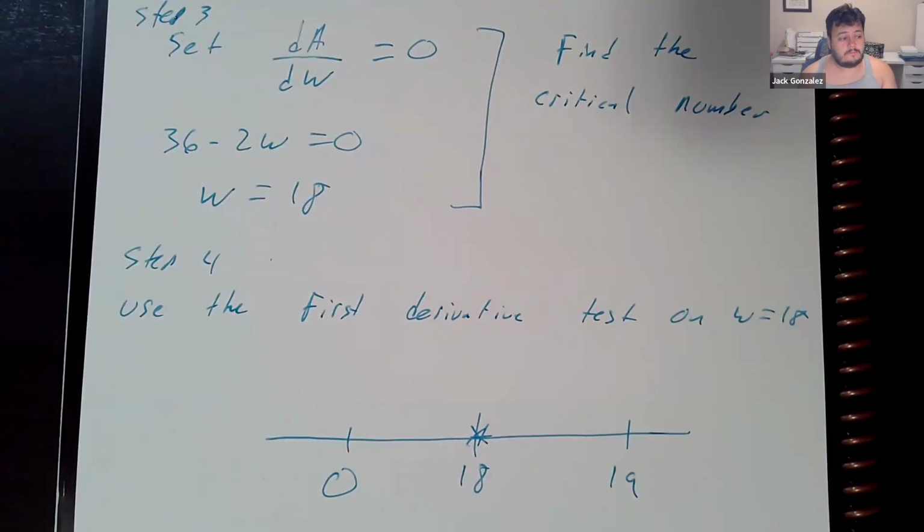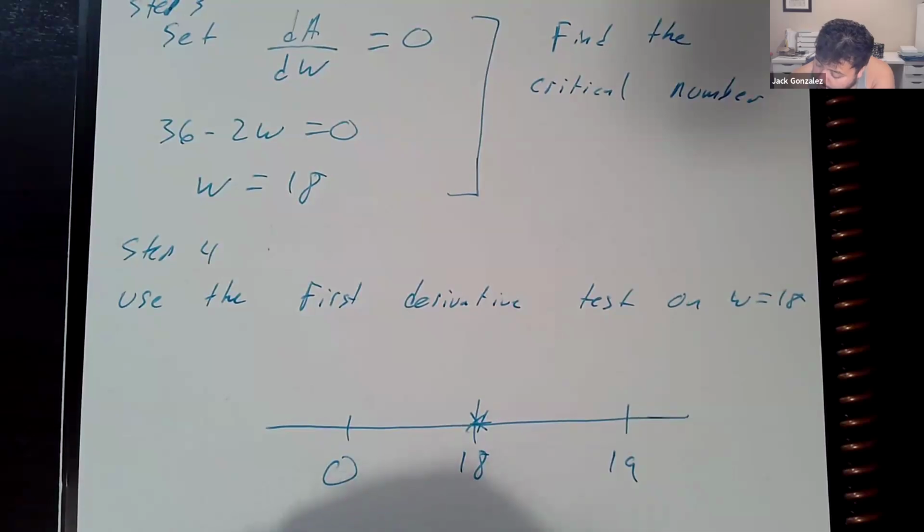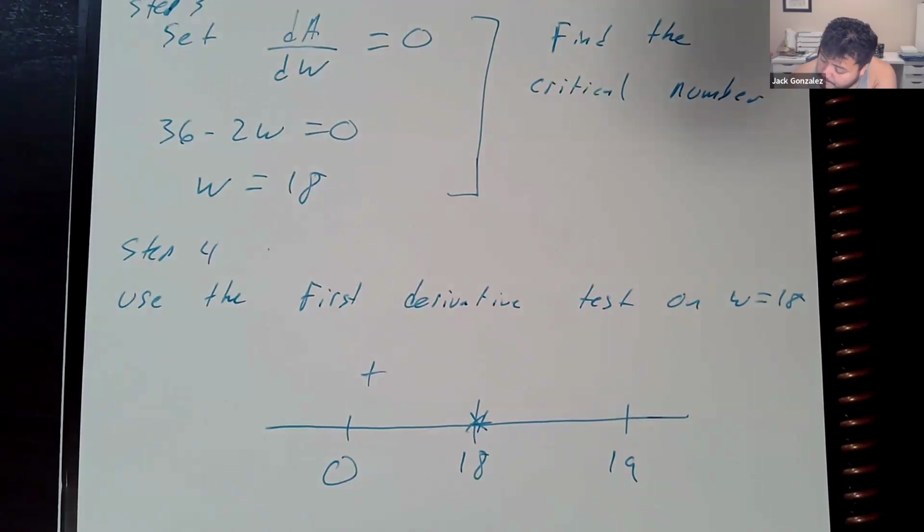That's right here. dA/dW at 0 would be 36 minus 0. So positive. This should be 36 minus 2 times 19. That's going to be what?